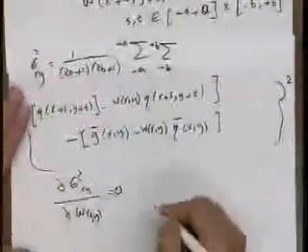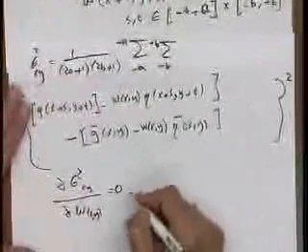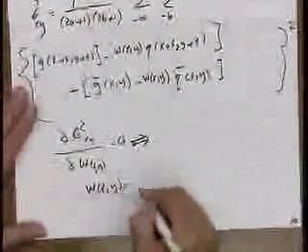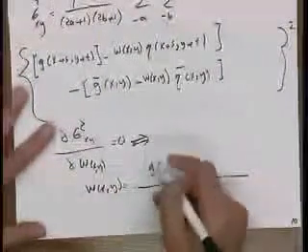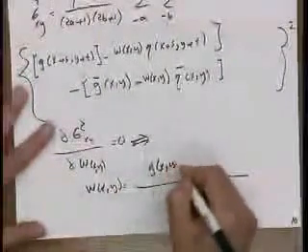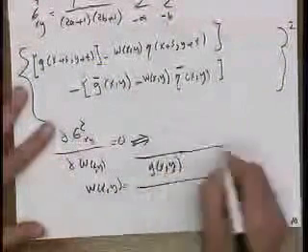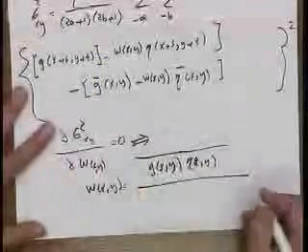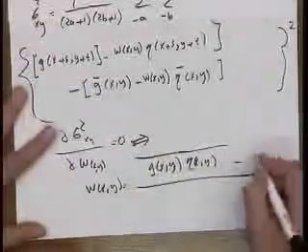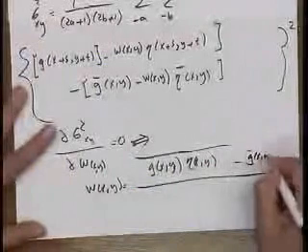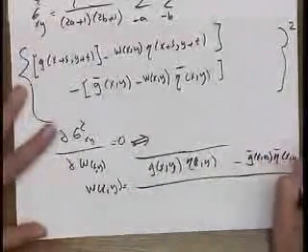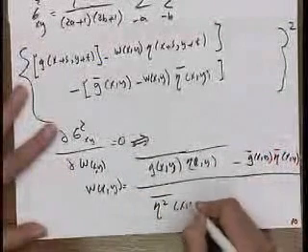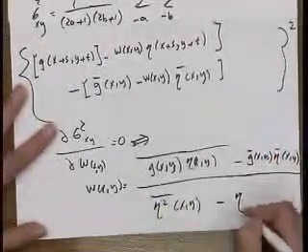And what I get is that this weight w of x comma y is given by this expression: the bar of g times eta, which is the average of these two things, minus g bar of x comma y times eta bar of x comma y, over eta squared bar of x comma y minus eta bar squared of x comma y.